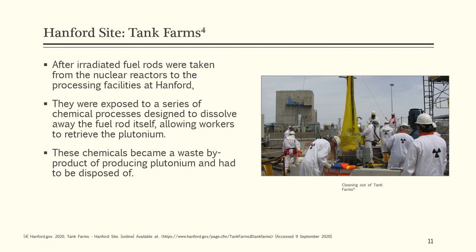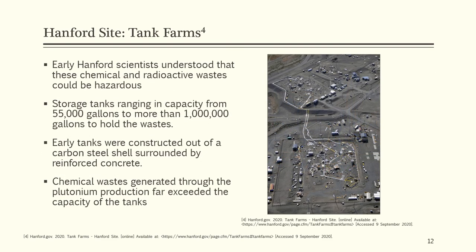Now, these chemicals became a waste byproduct of producing the plutonium and had to be disposed of. In addition to that, since they were containing a radioactive material, they were themselves radioactive. So early on, Hanford scientists understood that these chemicals and radioactive waste could be hazardous to people and the environment.